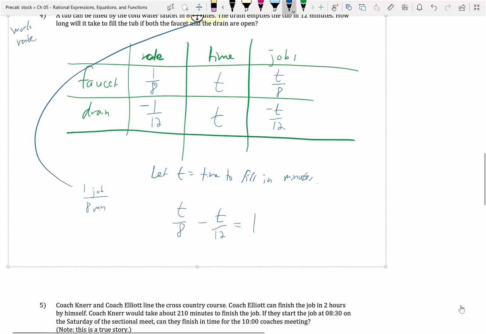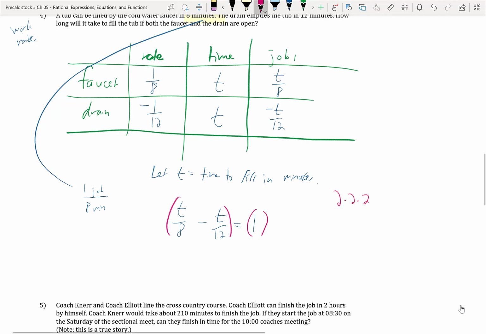So now that we've got that, we can just multiply both sides by the least common denominator of 8 and 12. 8 factors into 2 times 2 times 2. 12 is 2 times 2 times 3. So my LCD should be 2 times 2 times 2 times 3, 3 2's and a 3, and that is 24.